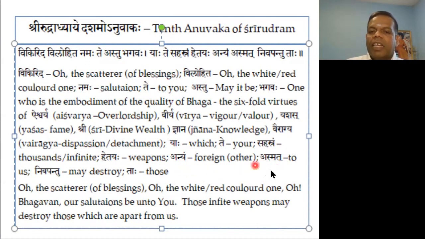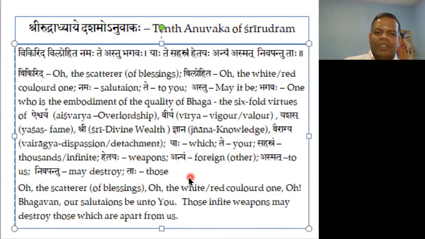Asmat means to us. Anyam Asmat, that which is foreign to us, that is not part of us. Niva Pantu, finish them off, destroy. Those thousands and infinite which are foreign to us, destroy them.